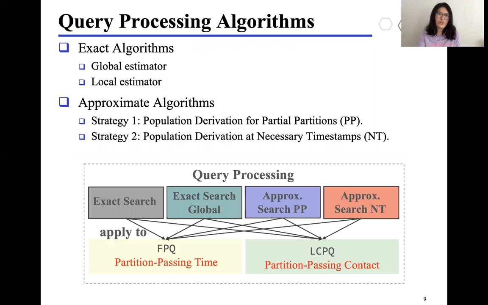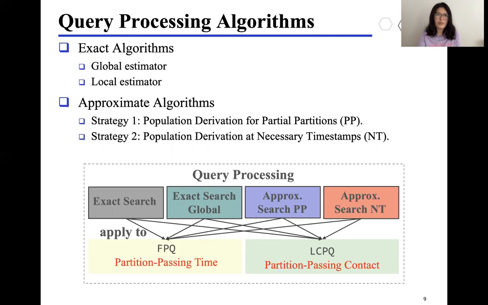We propose two exact algorithms to process these two queries. One of them uses a global estimator to estimate partitions' population globally, and the other one estimates relevant partitions' population.